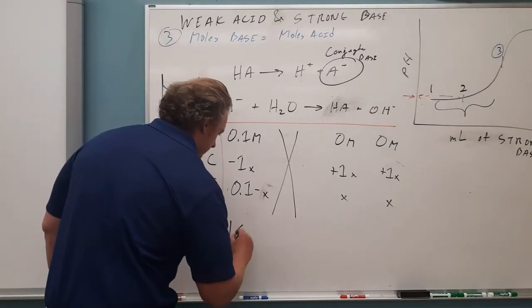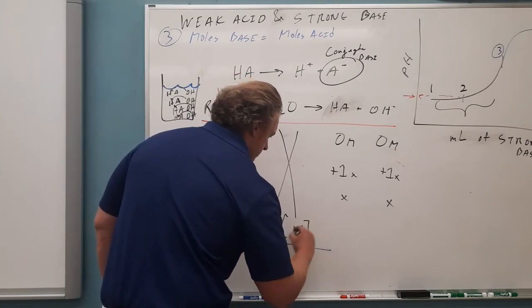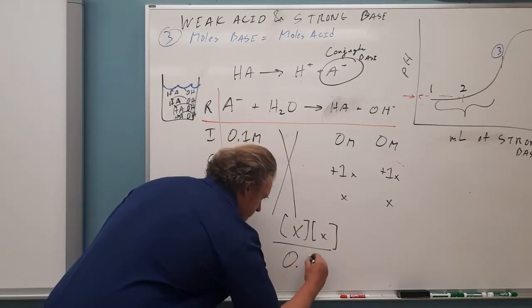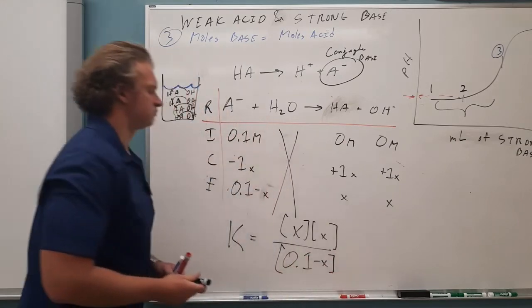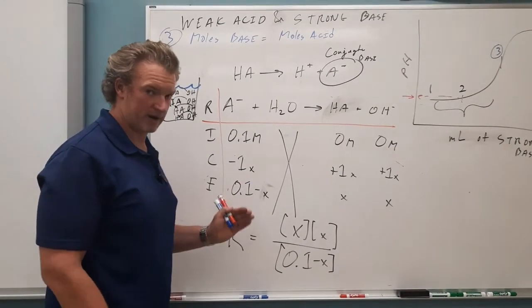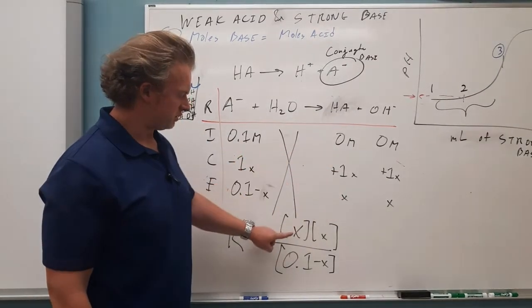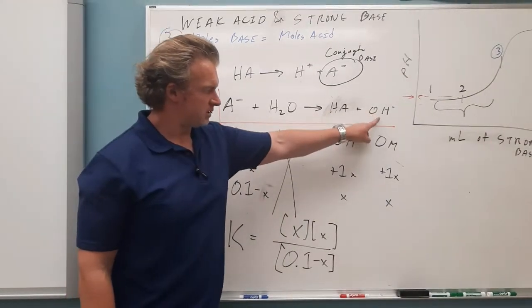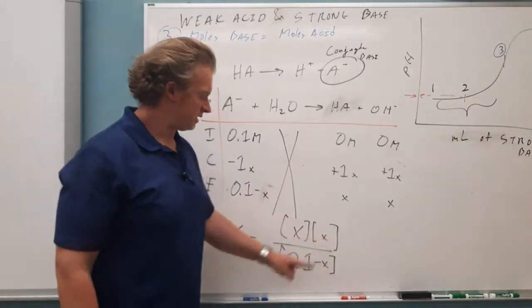So we have a K expression that looks like this, taking our E line and plugging it into where those species are. This is a product. So I'm saying this x is representative of HA. This x is representative of OH minus.